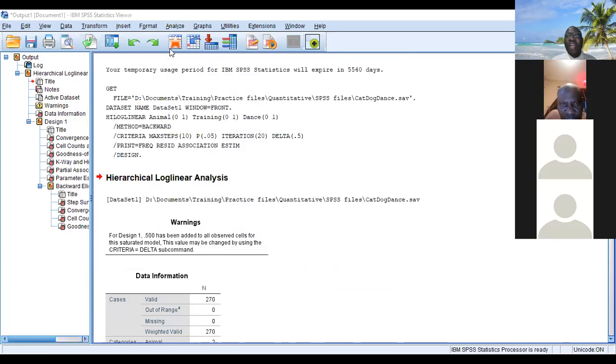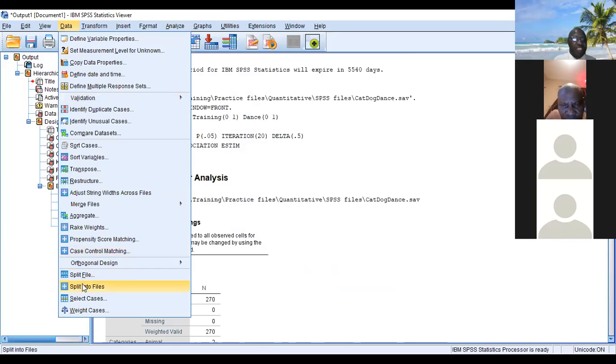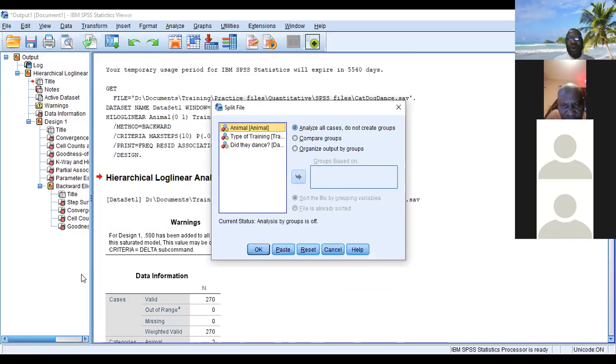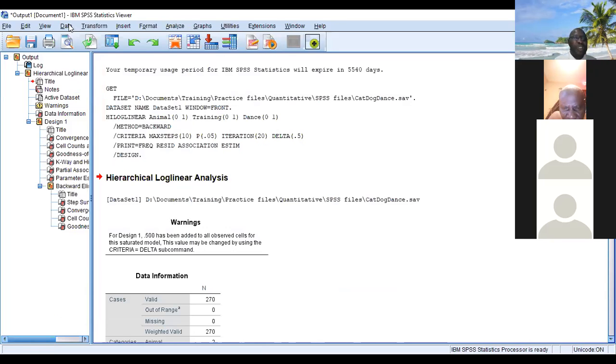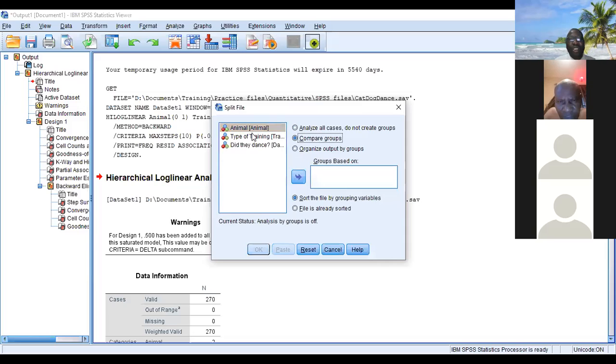And there's another way you can do it too. If you want to separate that, apart from what he did, you can go and split the file. Yeah, I think the one we did was okay. Let me just show it so that we know. Go to data, split file. Just click on this. You want to split by animal.